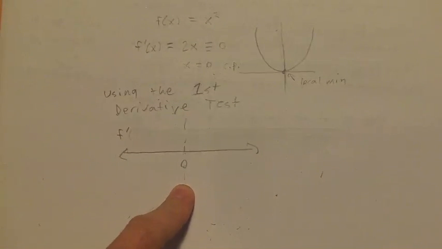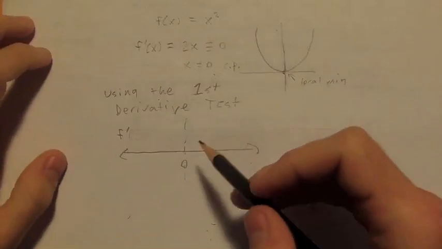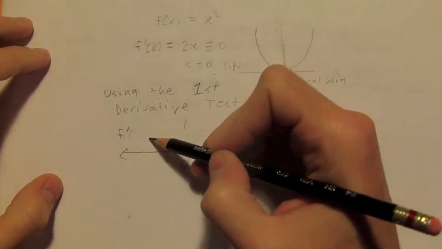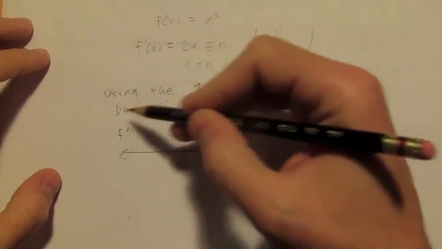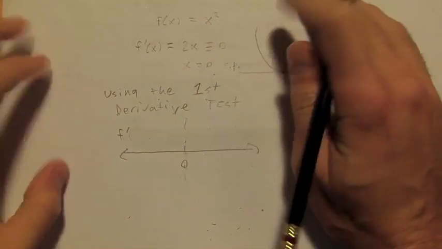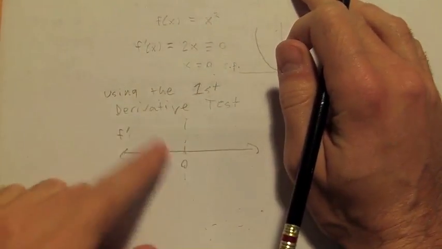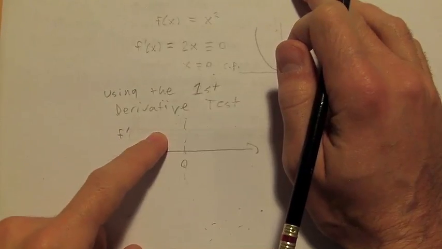My only critical point is 0. That means that's the only place where f is allowed to turn around, right? It's the only place where f is allowed to change from increasing to decreasing or vice versa. Therefore, all I have to do to check whether f prime is positive or negative in this entire interval here and this entire interval here, negative infinity to 0, 0 to infinity, is check a single point.